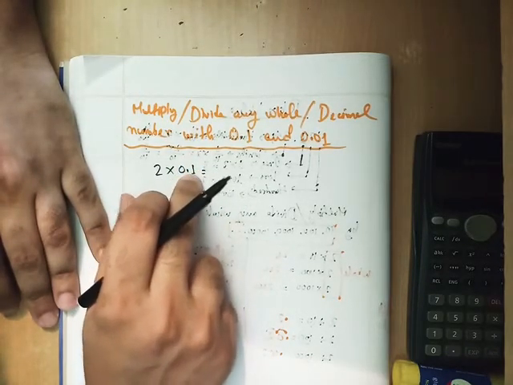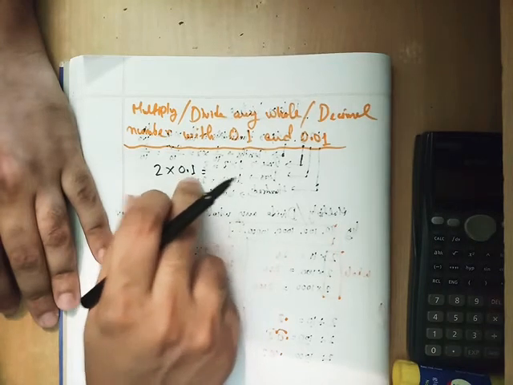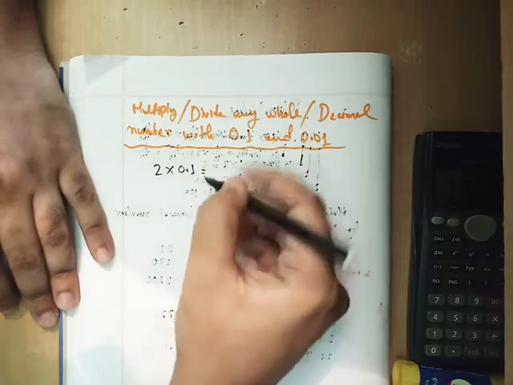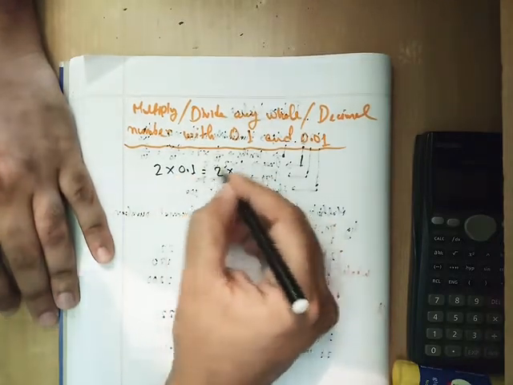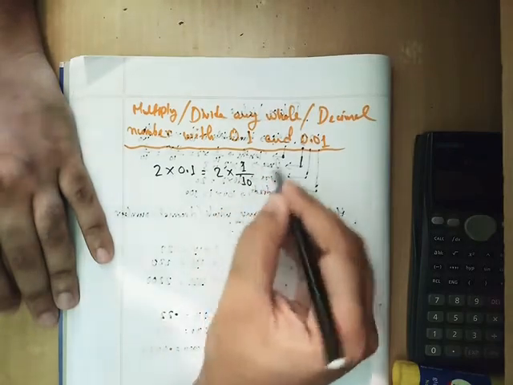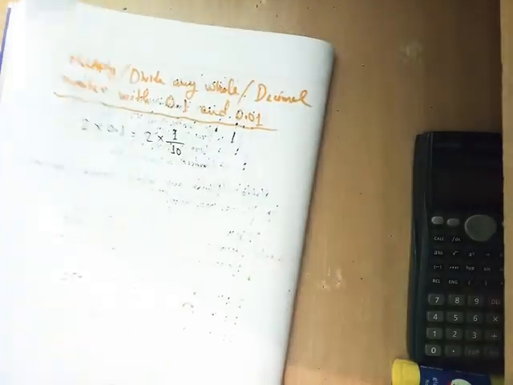And I have one digit after the decimal point, which is basically the 10th place, and if I want to write it in the form of a fraction, what I can do is 2 into 0.1 basically means 1 by 10, as we have studied here.